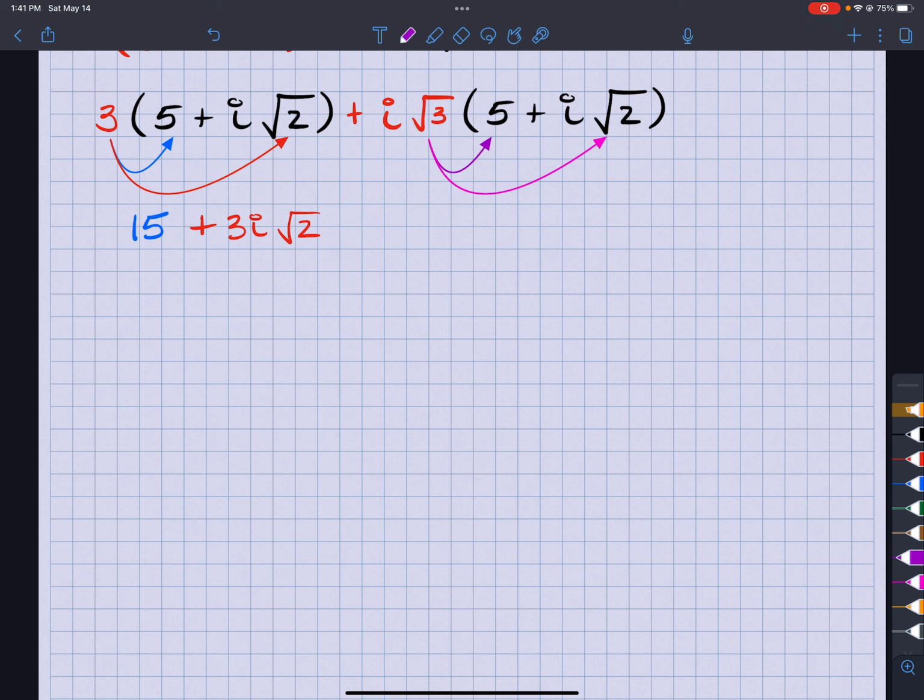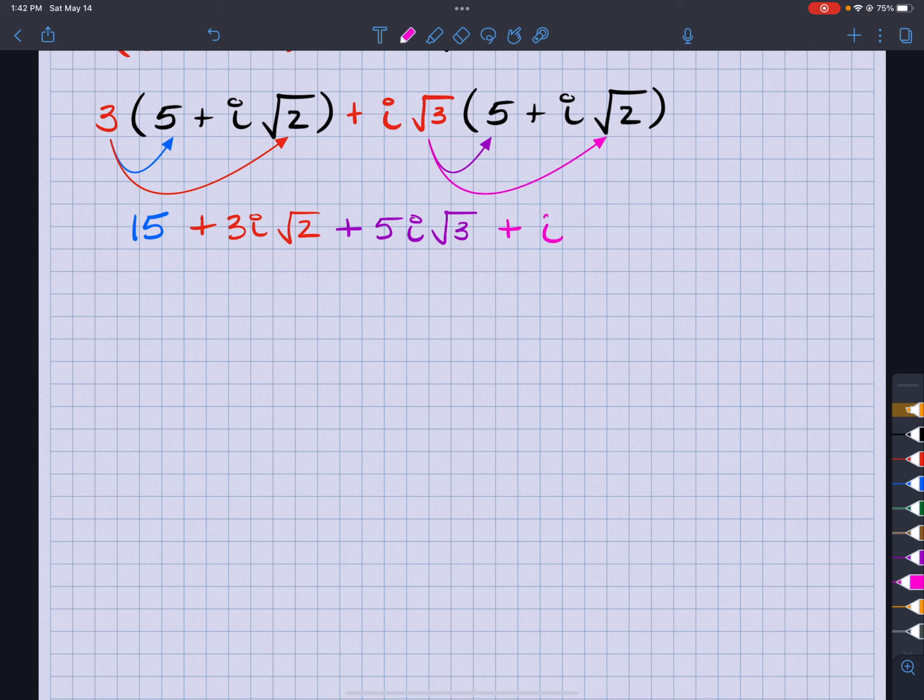So for example, my inner here, I have the positive i square root of 3 times 5, which gives me a positive, right? Positive 5i square root of 3. Since it's positive, then it's going to be addition. And on this fuchsia, I'm going to get a positive, so it's plus.